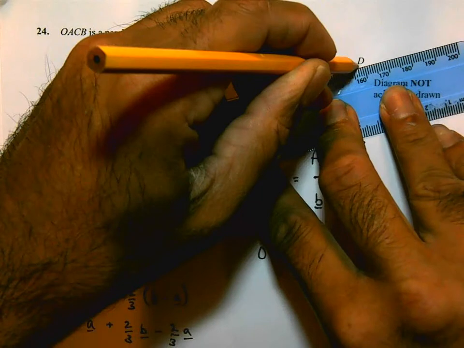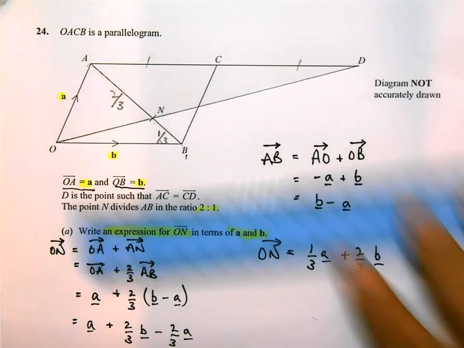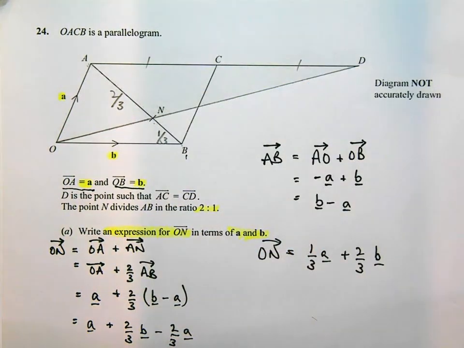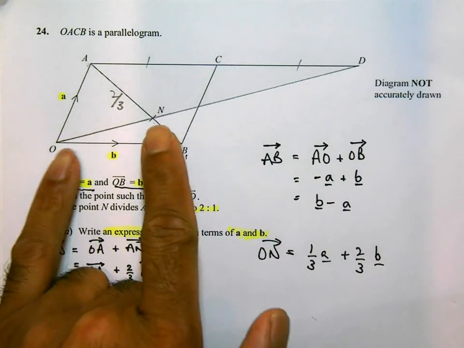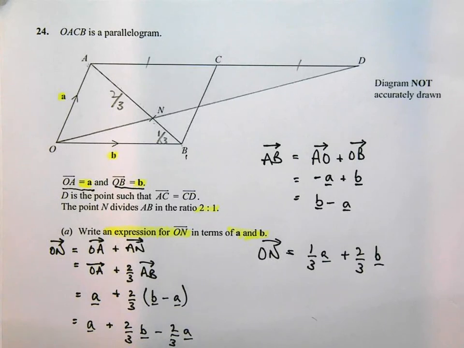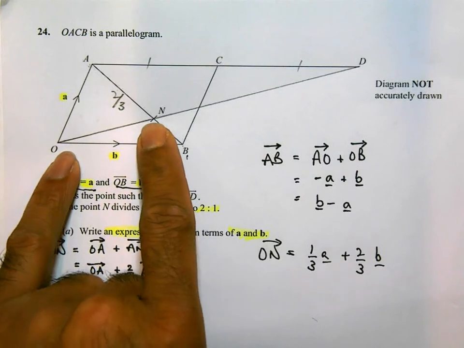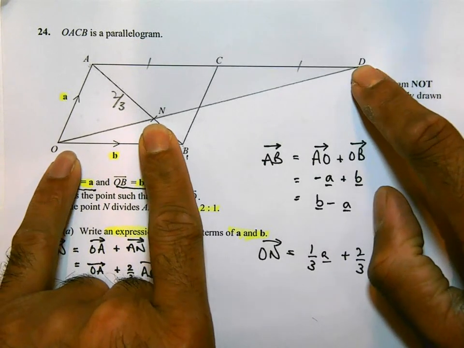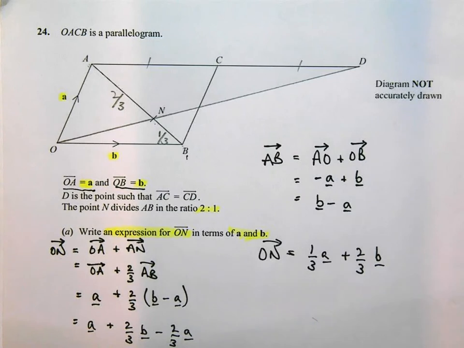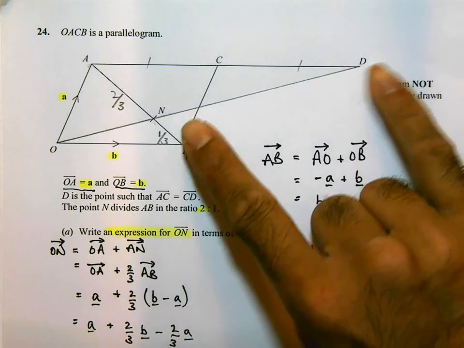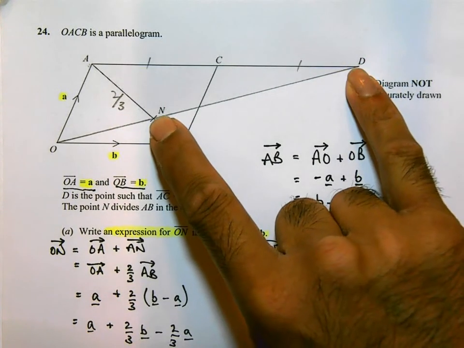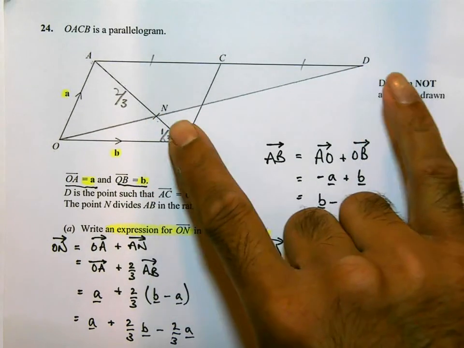I want to show that OND is on a straight line, and the way I'm going to do that is to show that the vector ON, which I've just worked out, so I need to use that information later on, is parallel to OD. If I could show that the vector ON is parallel to the vector OD, then that means they will both be on a straight line.